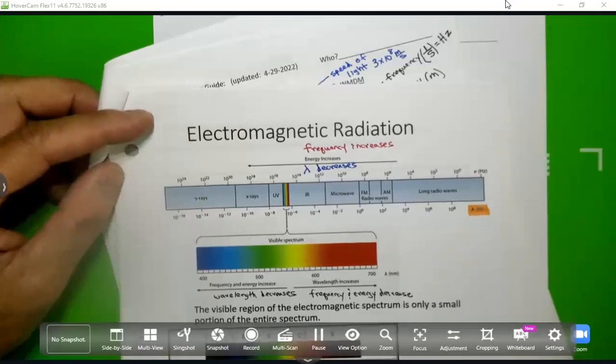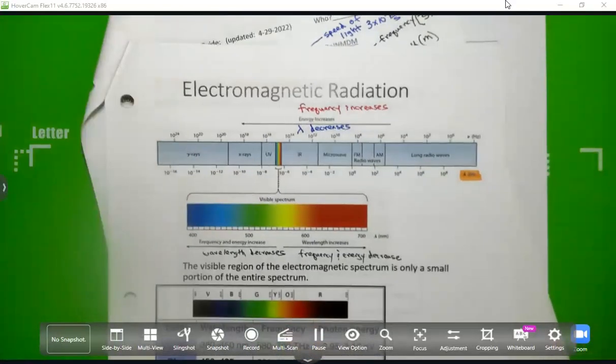Frequency goes with energy. The higher the frequency, the higher the energy. It's directly proportional. But frequency and wavelength are inverse of each other. If you have a high wavelength, you're going to have a low frequency, and vice versa.